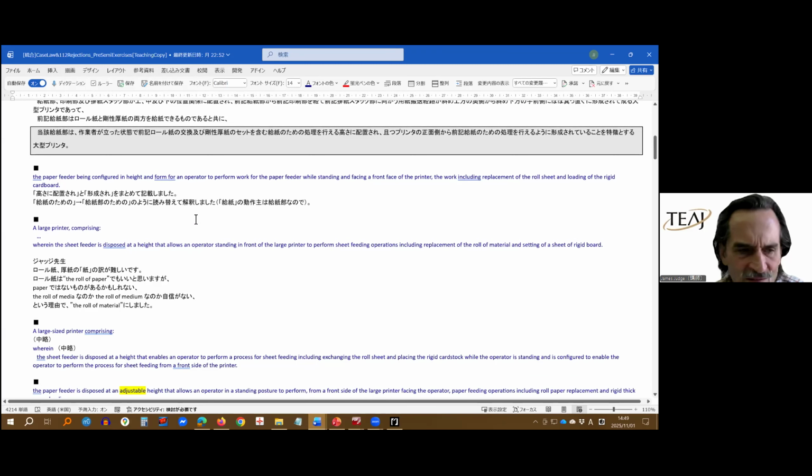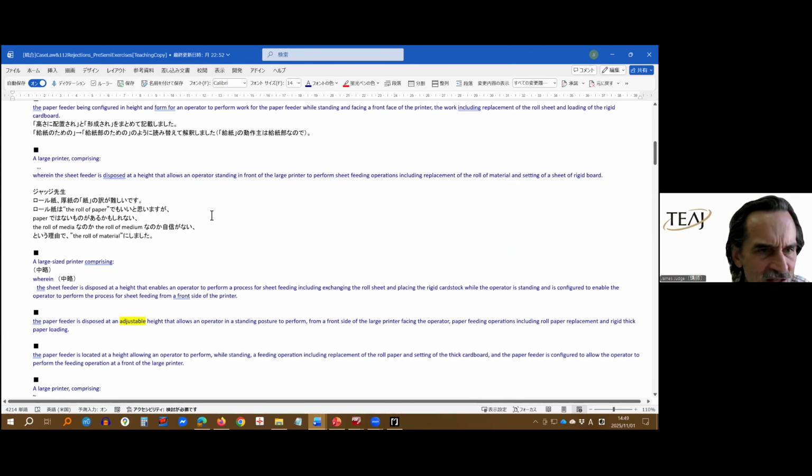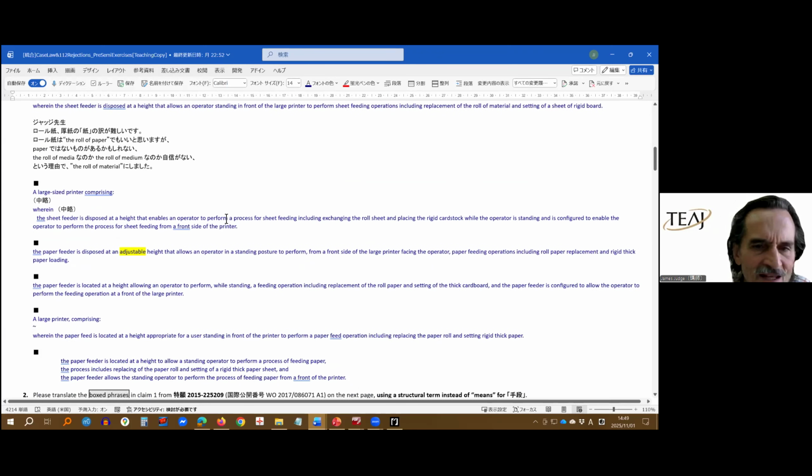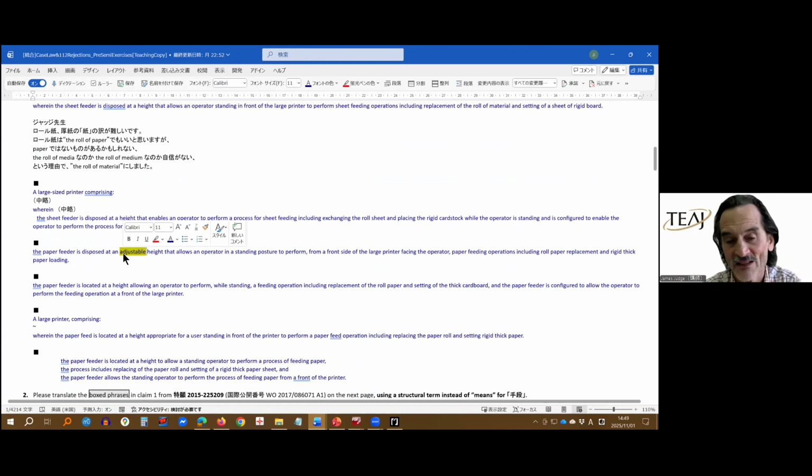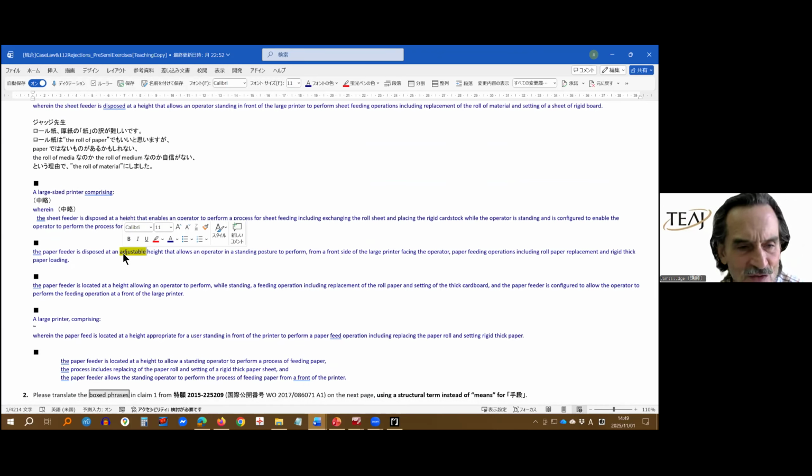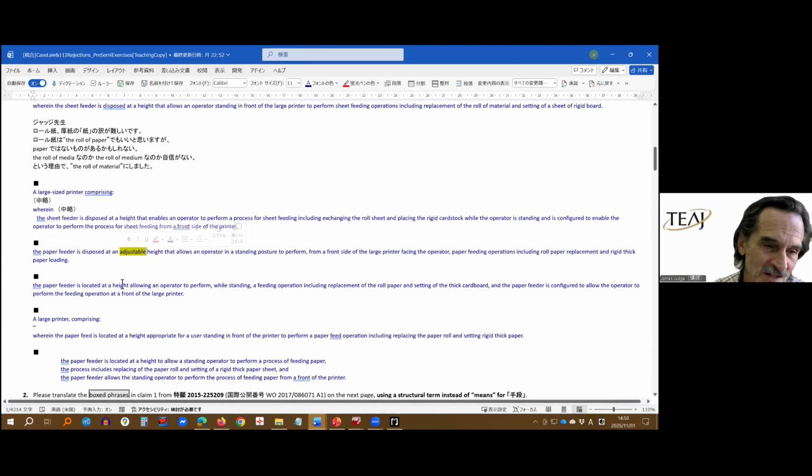And I think one or two persons threw in the word adjustable, which would have solved the problem, actually. As far as I can tell, this would have solved the problem and saved maybe about 8 years of prosecution and probably thousands and thousands of dollars in attorney's fees and USPTO fees for doing the appeal, just by having this word in there.